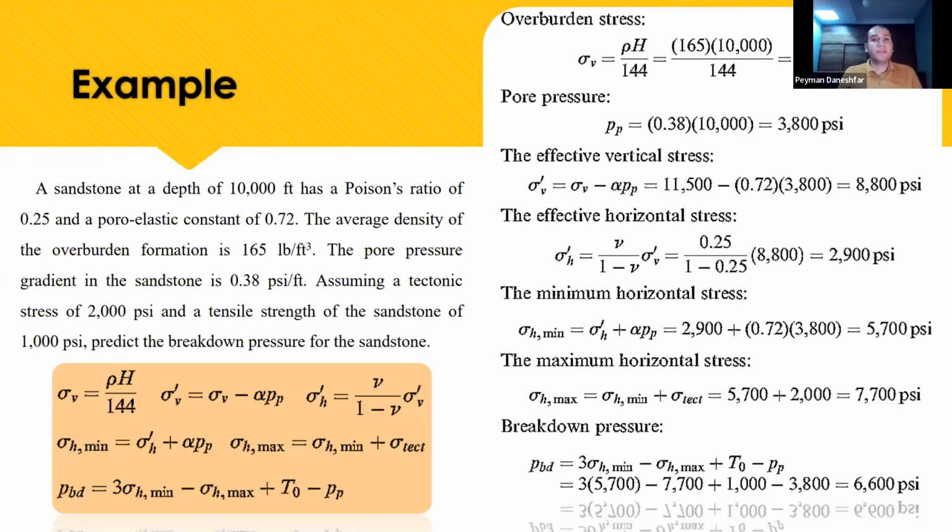Another one, we should find the effective vertical stress. When we have the effective vertical stress, with the formula, as you can see here, we should find the effective minimum horizontal stress. After the minimum horizontal stress, we should find the maximum horizontal stress, and with the Terzaghi breakdown pressure, we find our breakdown pressure will be 6,600 psi.